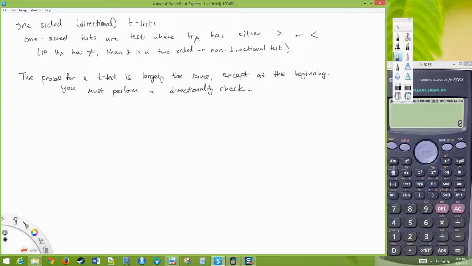Okay, and at the end, I should say, and at the end, you do not double the tail area.